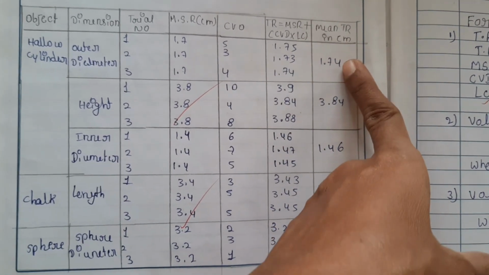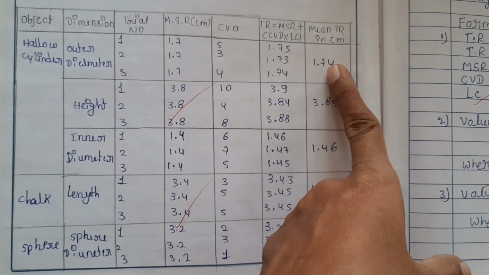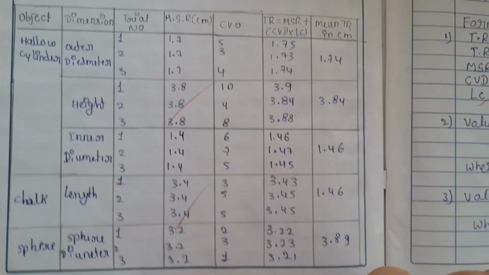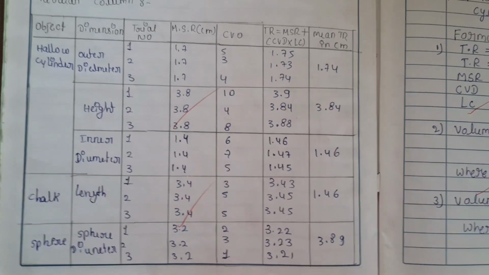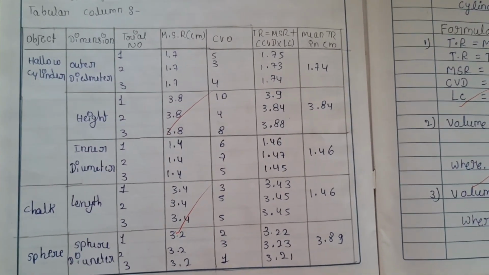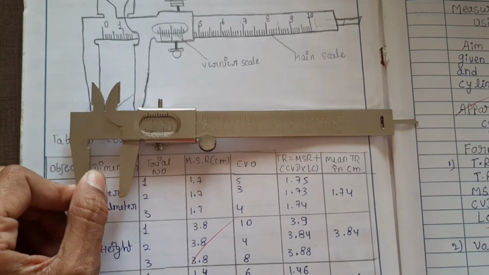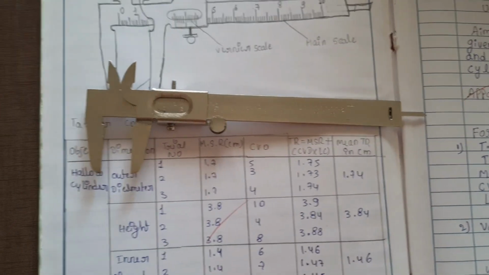You will get the final diameter or length you are measuring. Like that you can use this Vernier caliper to measure the diameter or length.